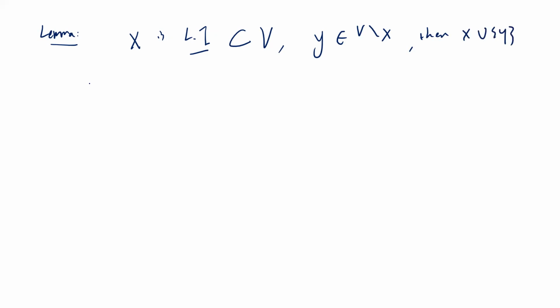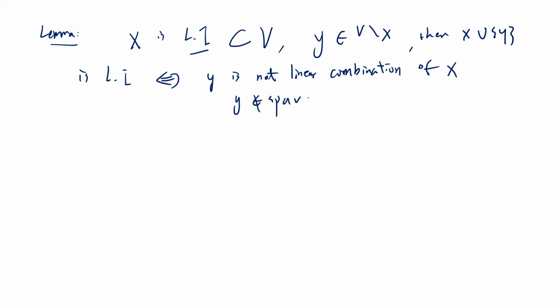This lemma says that if X is a linearly independent subset of V, a vector space, and you pick y in V not in X, then X union y is linearly independent if and only if y is not a linear combination of X, or basically y is not in span X. Span X means that you take linear combinations of vectors in X. Linear independent means that if your linear combination is 0, then each coefficient is 0, right?